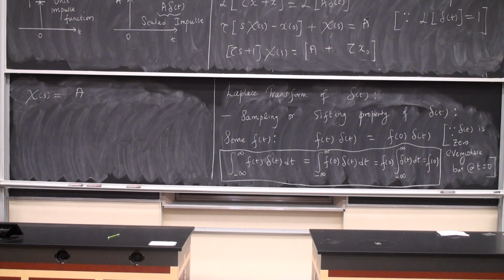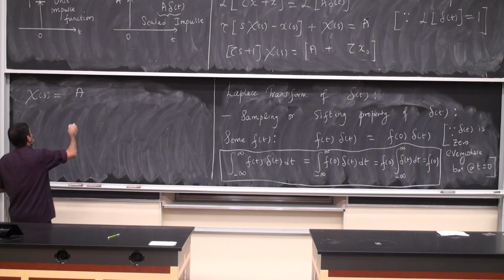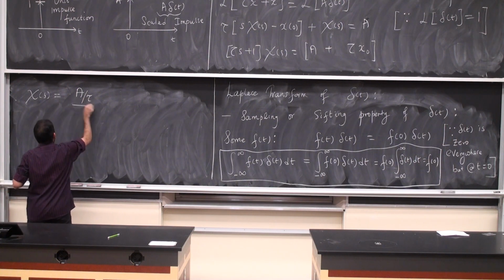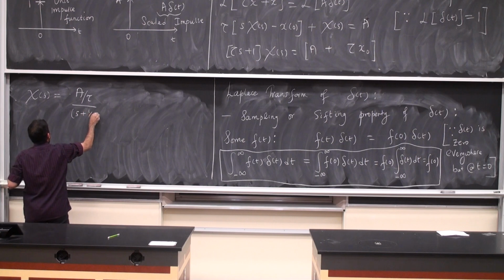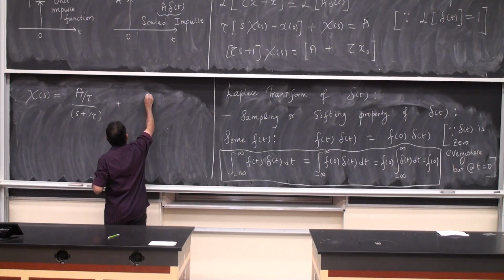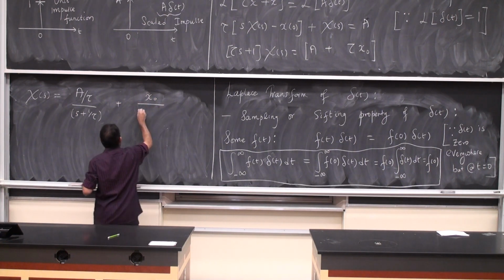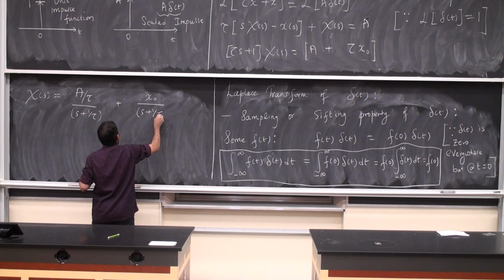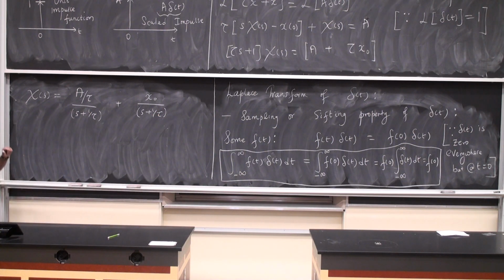I'm going to take the tau outside the characteristic polynomial, so this becomes a by tau times 1 over s plus 1 by tau, plus x naught by s plus 1 by tau. The tau that accompanies x naught cancels off with the tau that I take as a common factor. We've done this for the unit step and the ramp responses. This is it.